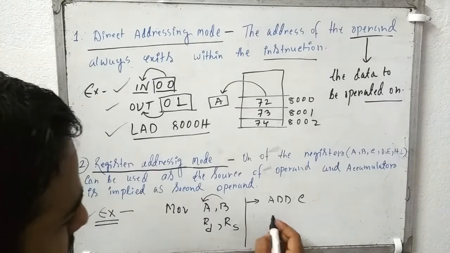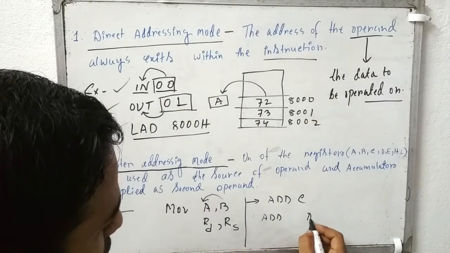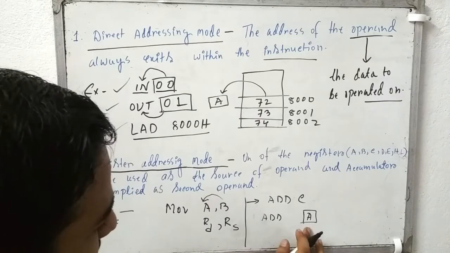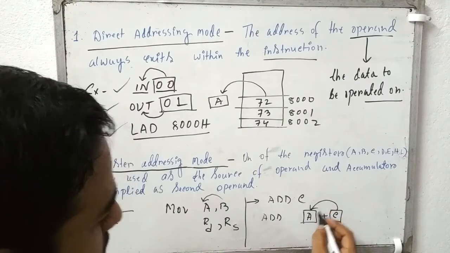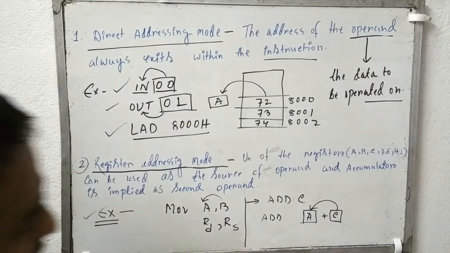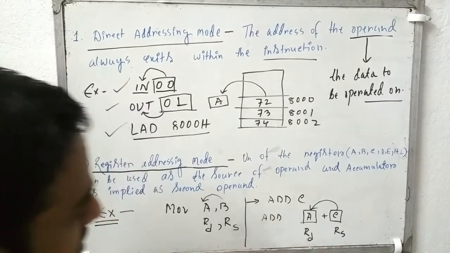What does it mean? Add the value of register C with register A. That means this is a source register and this is a destination register.